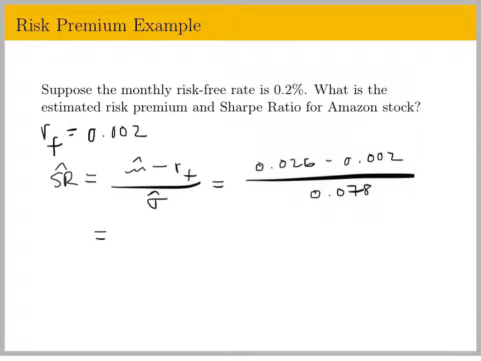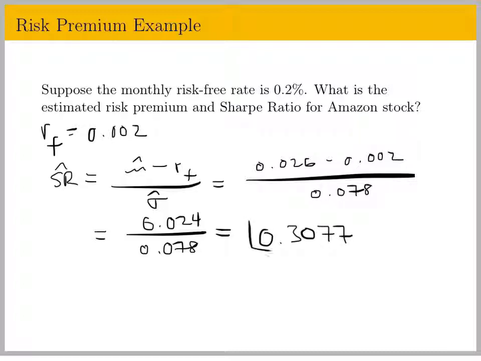We can do a little math on our own in the numerator. That is equal to 0.024 all over 0.078. And that is equal to 0.3077 rounded.